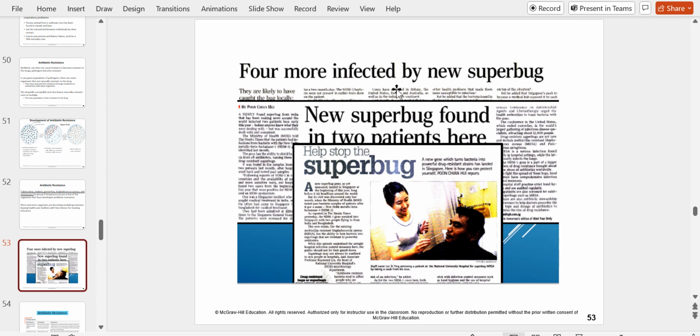You're hearing about superbugs more and more. So if you have a viral infection, nothing stops that other than good sleep, generally speaking. For bacterial infections, antibiotics, but use them sparingly.